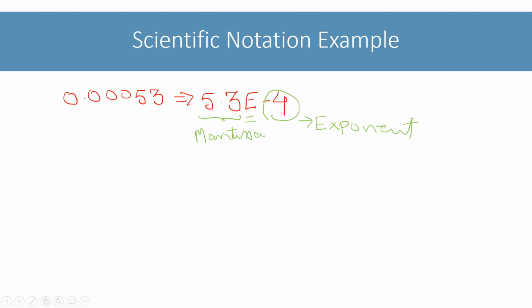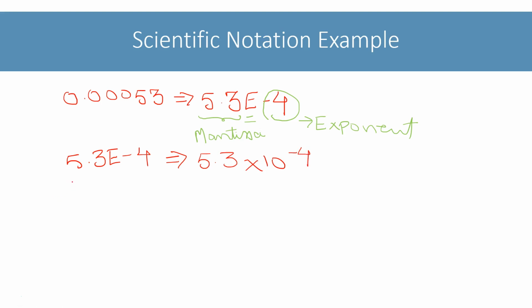The exponent indicates the power of 10 by which the mantissa is to be multiplied, and E represents the number 10. So 5.3e-4 is equivalent to 5.3 into 10 to the power of -4.